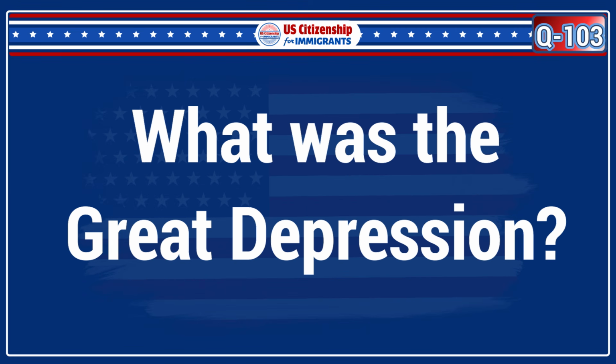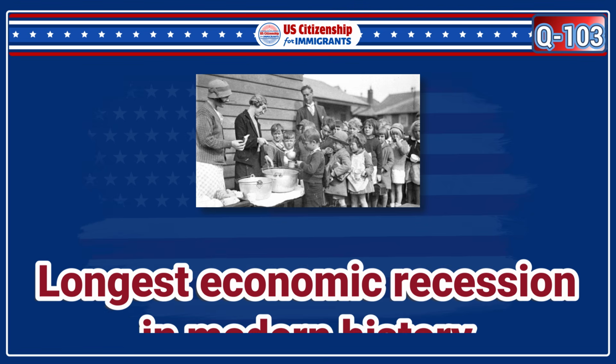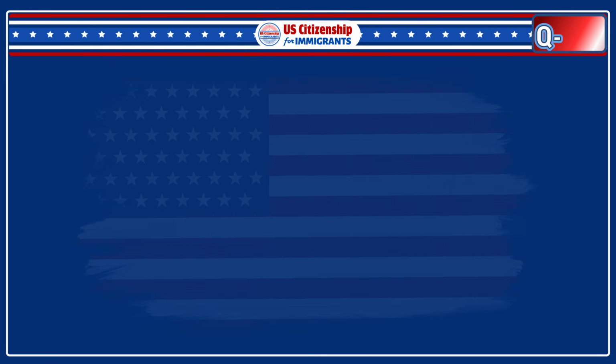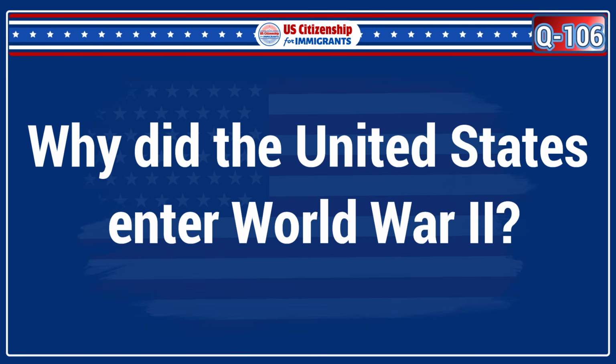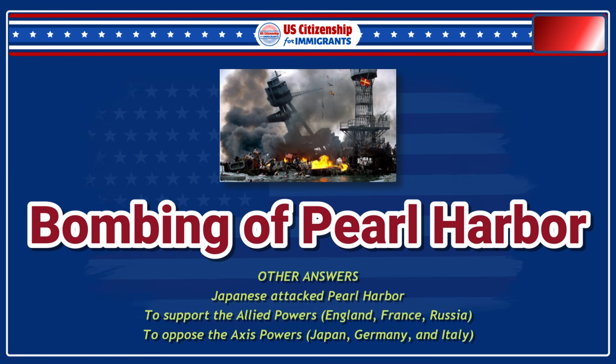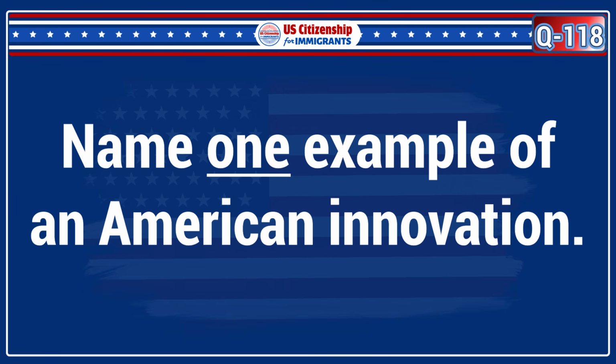103. What was the Great Depression? Longest economic recession in modern history. 106. Why did the United States enter World War II? Bombing of Pearl Harbor. 118. Name 1 example of an American innovation.